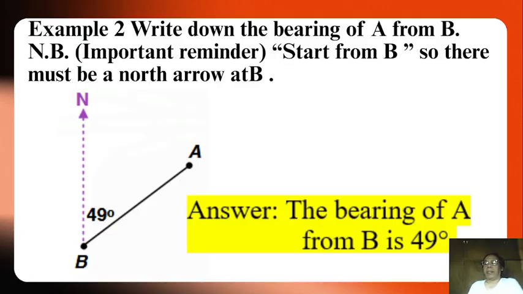Another example: write down the bearing of A from B. So, important reminder, start from B. Meaning we need to draw a north arrow at point B. And so the answer, the bearing of B is 049 degrees.